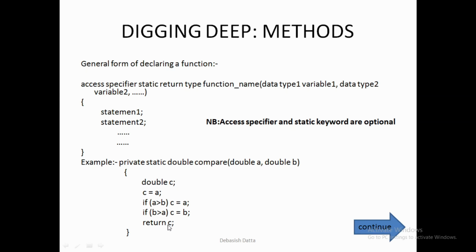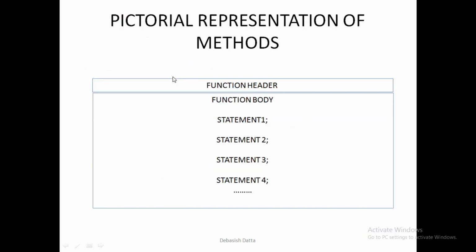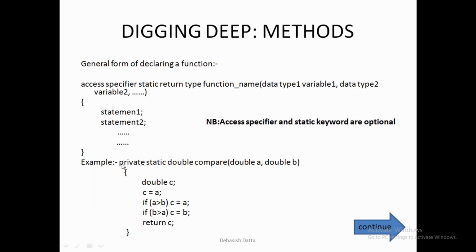This method is also explained with another pictorial view. If we pictorially represent a method, it consists of two main parts: function header and function body. This part is known as the function header. It consists of the access specifier, then the static keyword, then the return type, then the function name, then the parameter list.